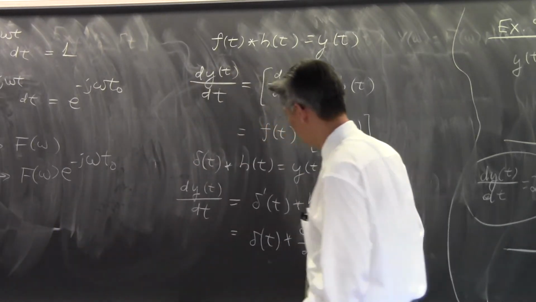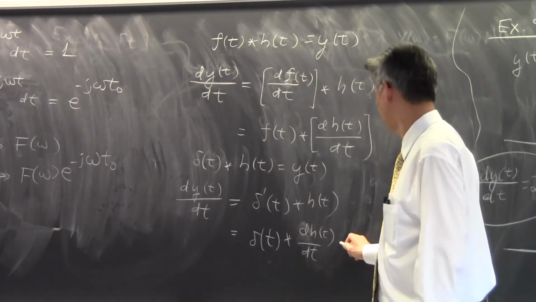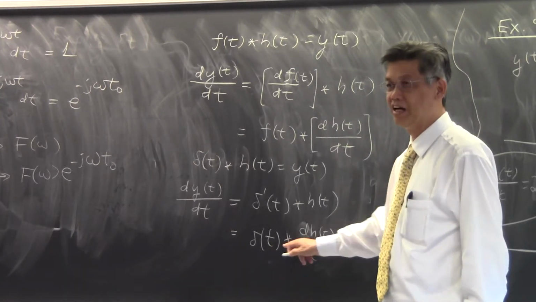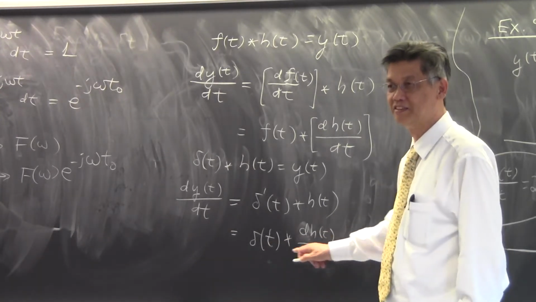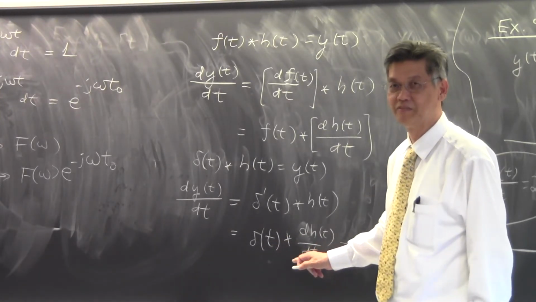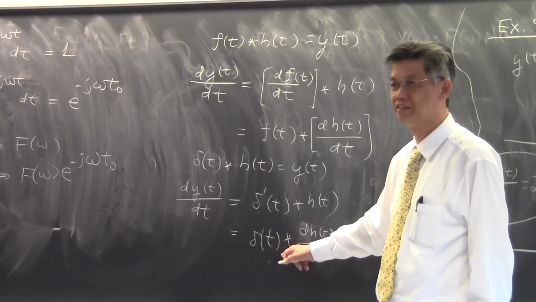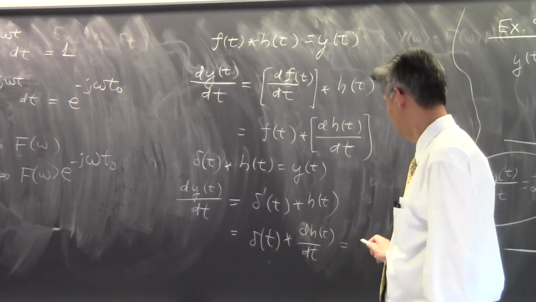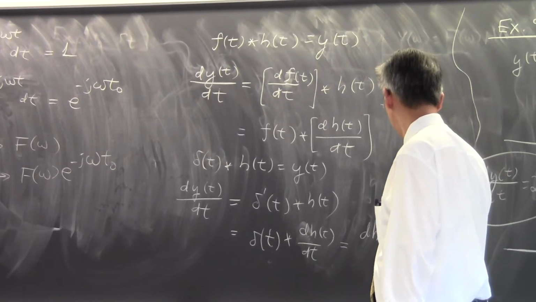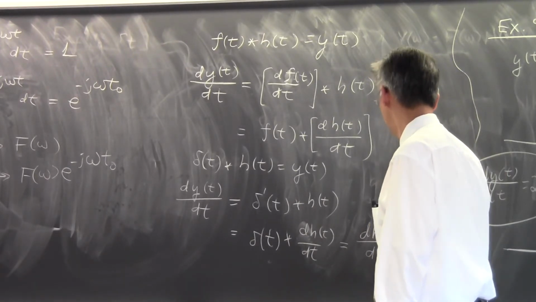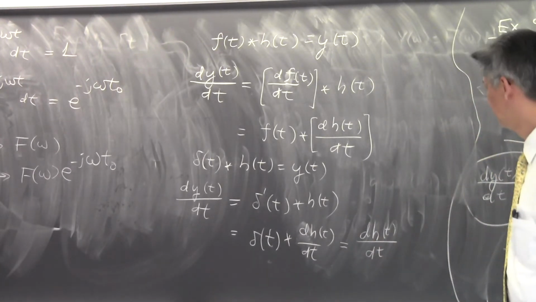Okay, but this second convolution can be evaluated even when you're blindfolded, right? What is something when you convolve with the delta function? It is just itself, right? Okay?